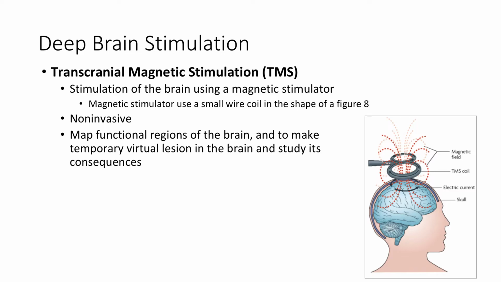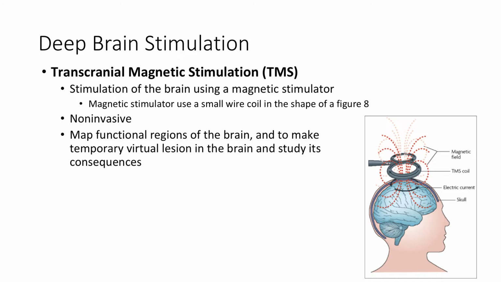The other form of brain stimulation is called transcranial magnetic stimulation, or TMS. TMS is really cool, actually. TMS is a non-invasive method that allows brain stimulation through the skull. Often they use a small figure 8 form, as you can see right here, which is a small wire coil, and it is placed next to the skull.